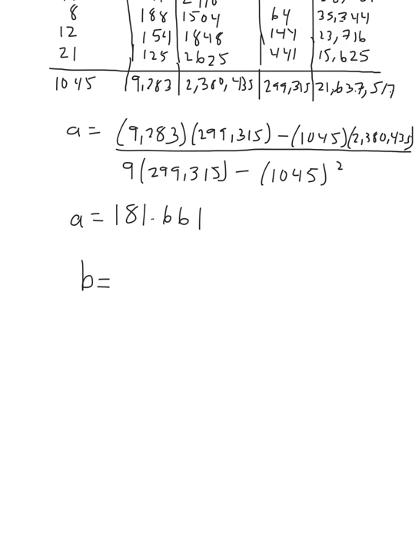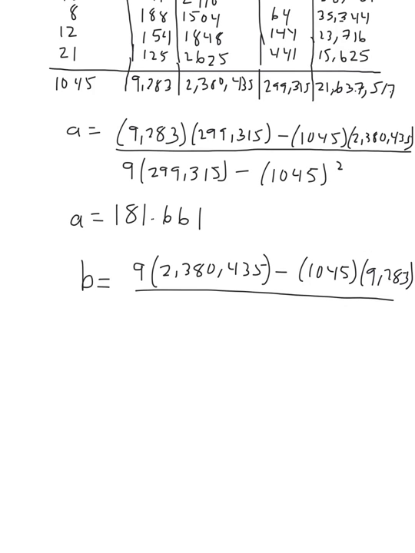For B, it's our sample size 9 times the sum of the xy's, 2,380,435, minus the sum of the x's, 1045, times the sum of the y's, 9,283, divided by the same denominator as in A, which was 9 times 299,315 minus 1045 squared.